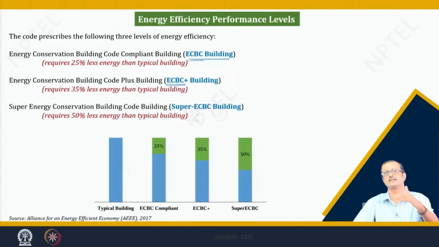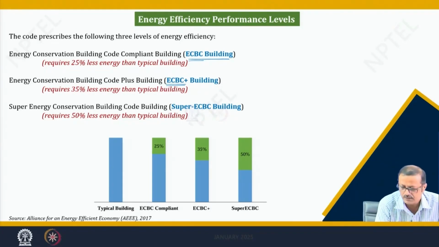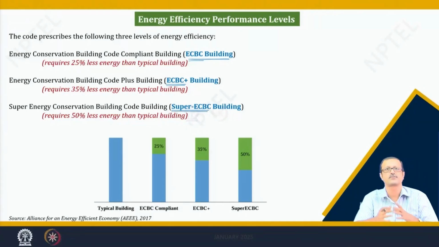And the third level is Super ECBC, which is furthermore very well guided and very strict ways of doing things. If you can achieve that Super ECBC point, then we may say that this building is wonderful from the energy consumption and conservation point of view, and it will be almost 50% less compared to a normal or typical building.